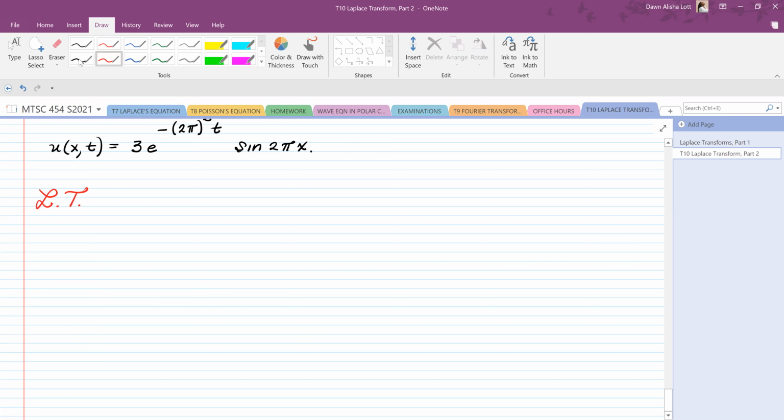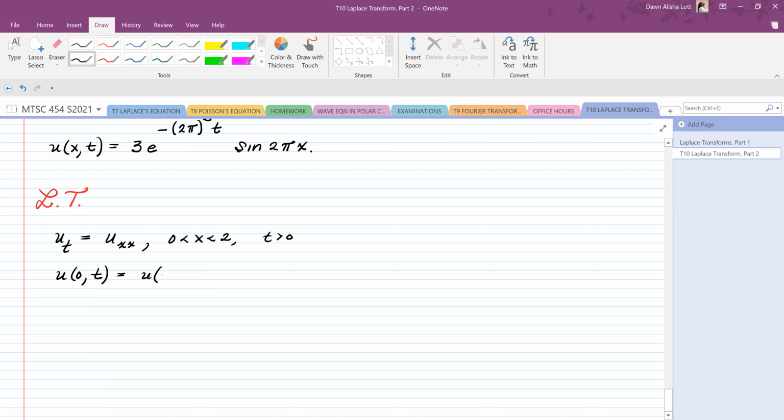Okay, so let me rewrite the problem. I had u sub t is equal to u sub xx on 0 less than x less than 2, t is positive. So again, Laplace transform works on any problem where t is positive. It doesn't work on every problem, but it works on the ones that satisfy the conditions of the Laplace transform.